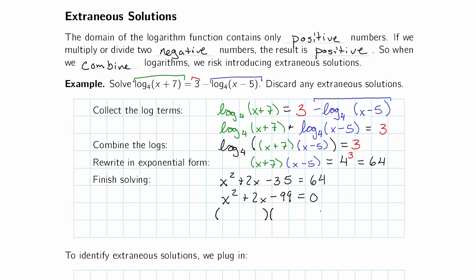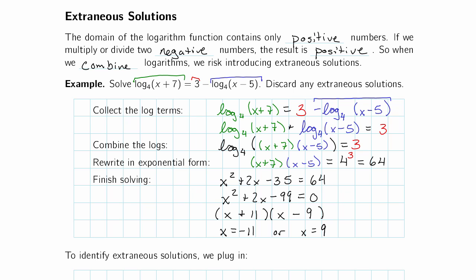And now this is a quadratic. Its leading term is 1, so we can use the shortcut. We're looking for two numbers whose product is negative 99 and whose sum is positive 2. That's positive 11 and negative 9. So we have two solutions here, x equals negative 11 or x equals positive 9.